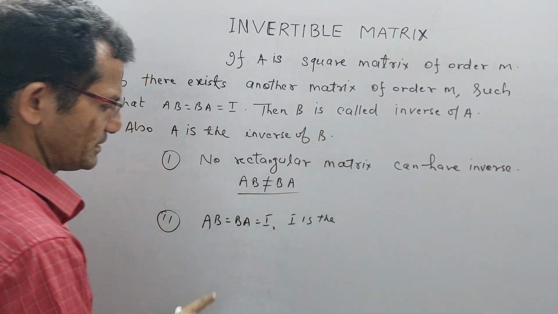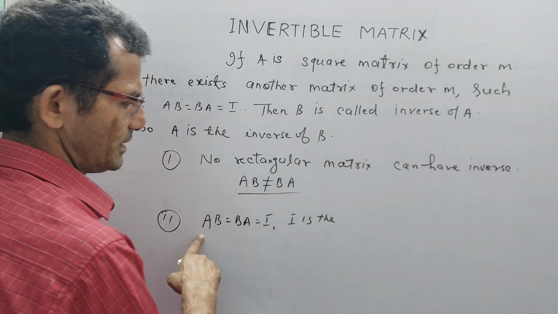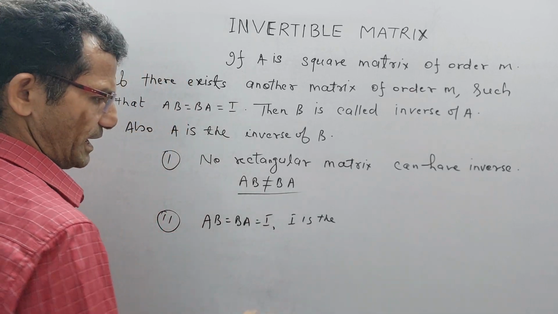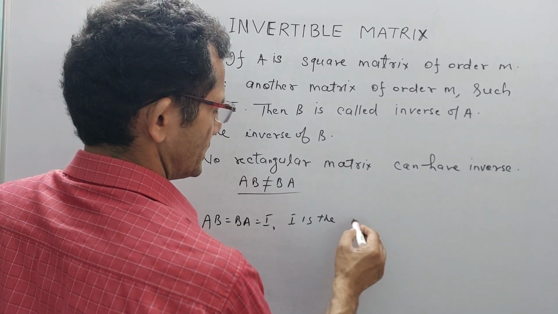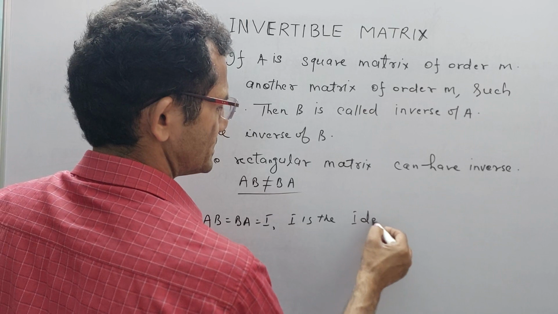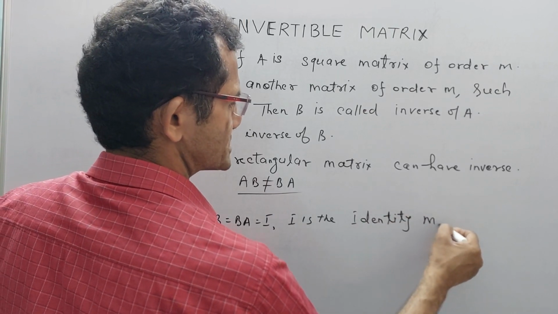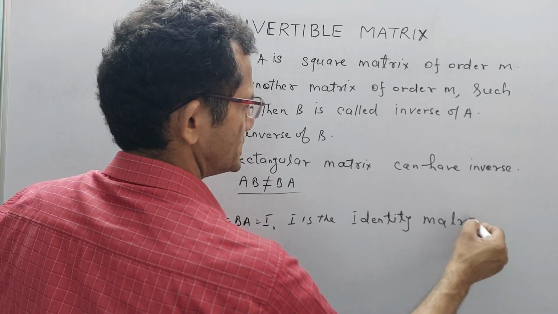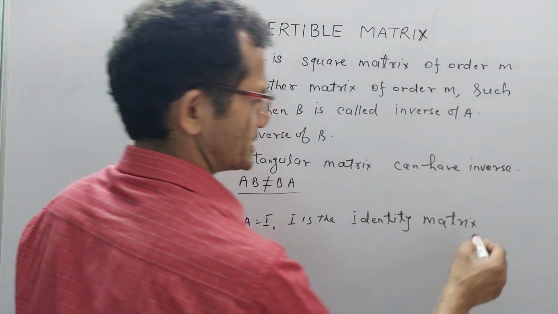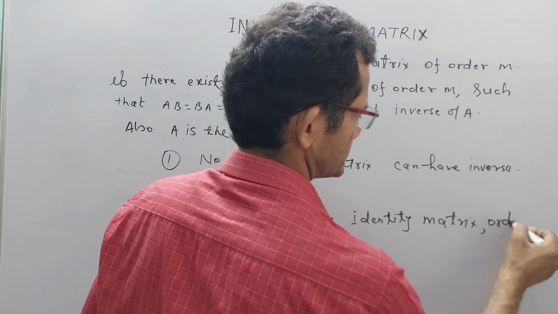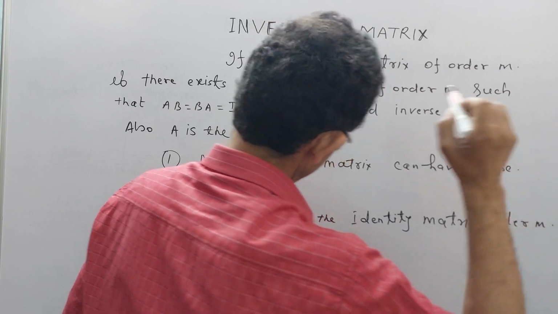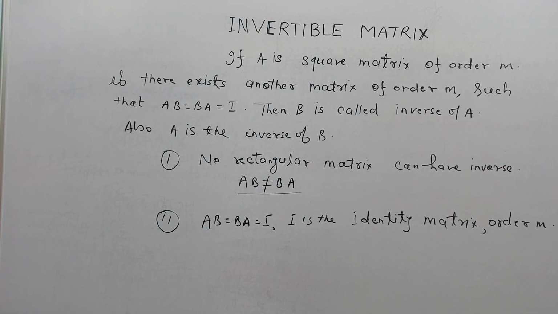In that case, if the order of A and B are m, I should also be of order m. I is the identity matrix of order m.